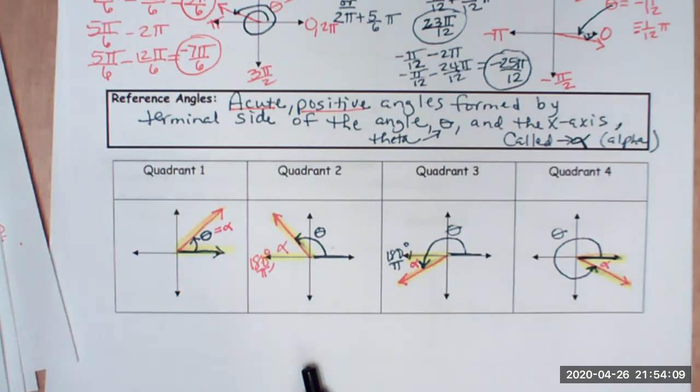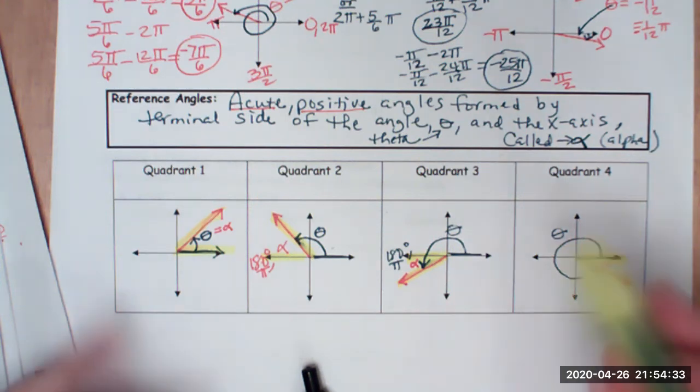Okay? Now, the purpose of this that we'll see more of in section 7.3 is to help us find sine, cosine, and tangent of the angles on the unit circle. So for example, we're going to know right off the top of our head the sine, cosine, and tangent of angles like 30, 45, 60 degrees.